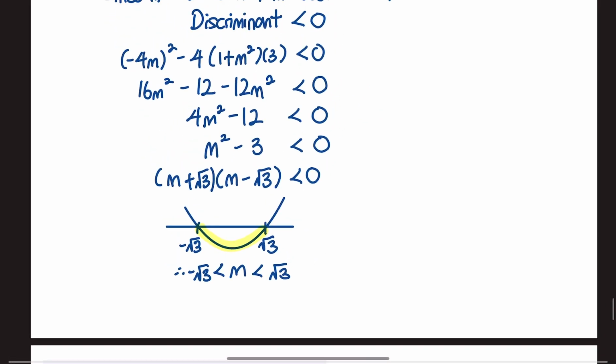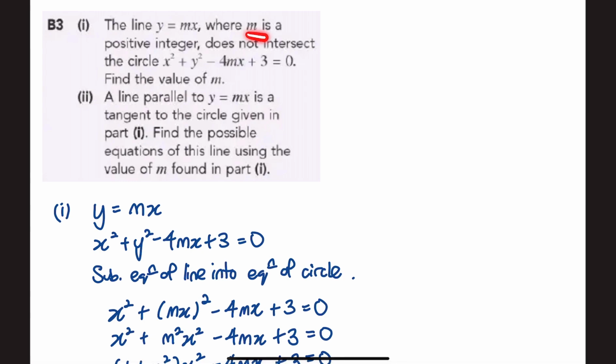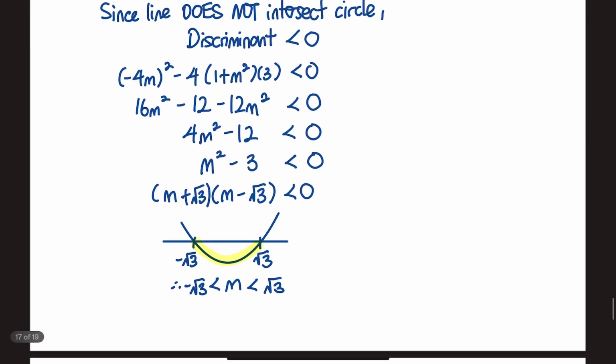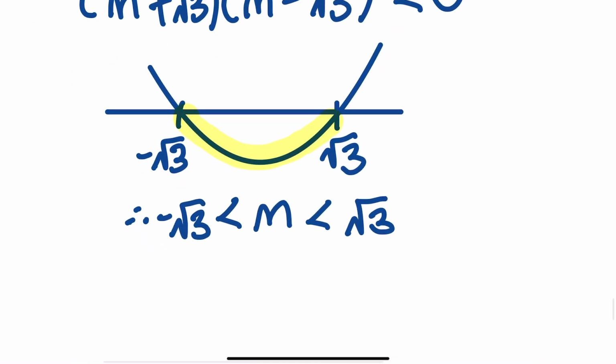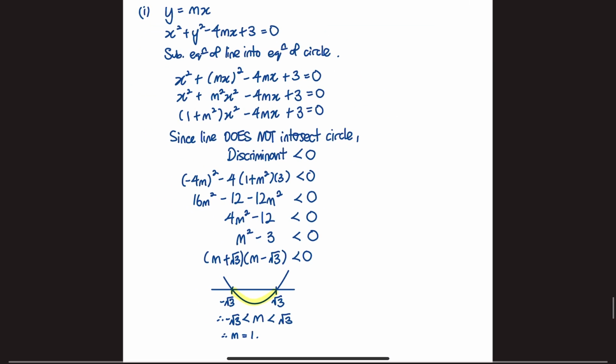And if I look at the question again, since I know that m is a positive integer, and root 3 is 1.7 something, the answer is that m is equal to 1, and that is your answer for part 1.